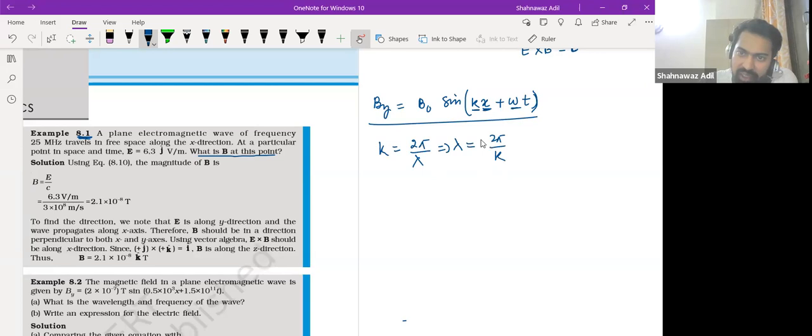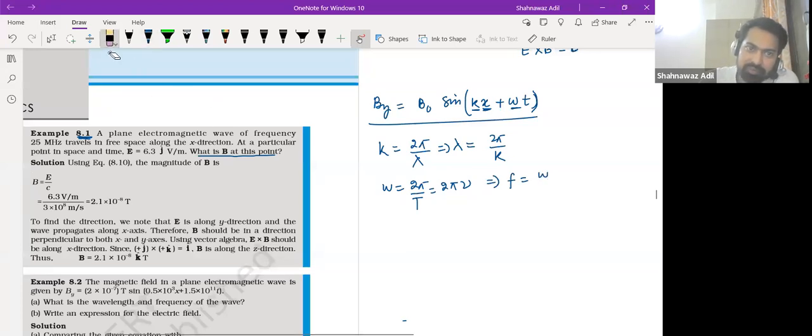And we have to find the frequency. Omega is 2 pi by T, and 1 by T is frequency, so the frequency would be omega by 2 pi.